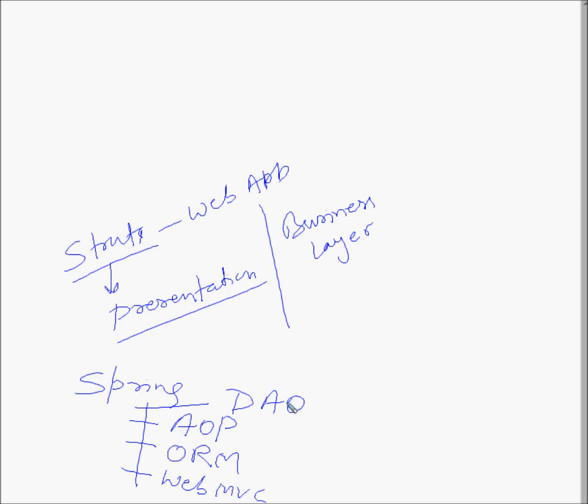There's one concept we are having here, Spring core, or I can say there's a core container in Spring, that is also called the IOC container. So basically Spring has one core container, and that core container is what? It is an IOC container.